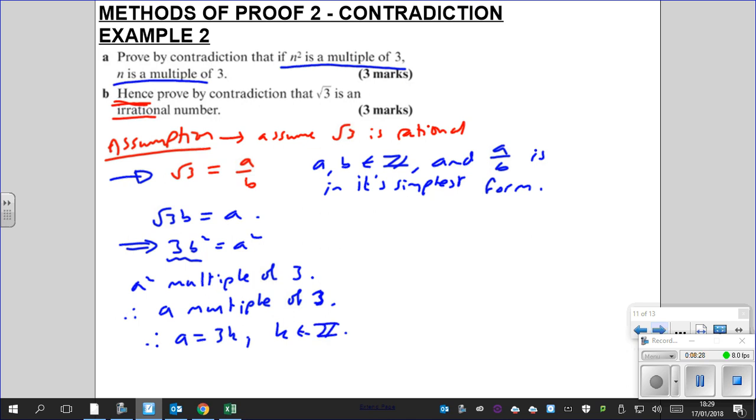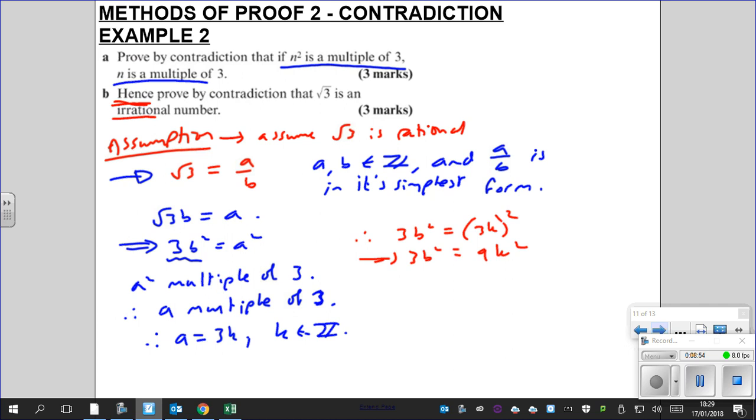So if a is 3k, then if we go back to this, we get 3b squared is a squared, but a is 3k squared. So 3b squared is 3k all squared, sorry. So that's 9k squared, right?